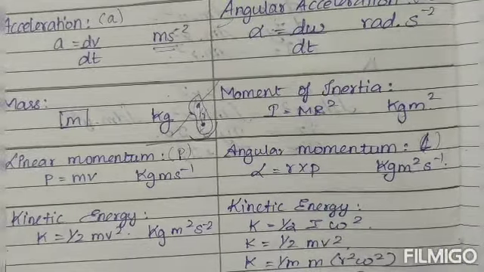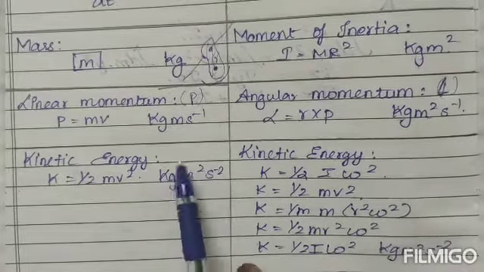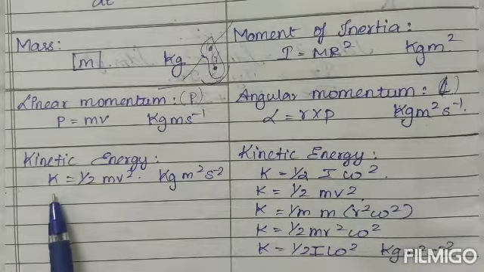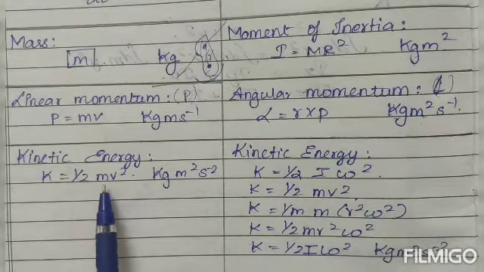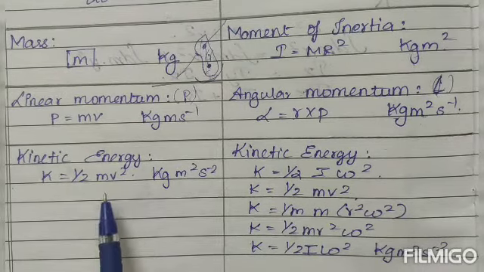Right. The next one, kinetic energy. In the linear path, the kinetic energy K is equal to half mv squared, because the kinetic energy purely depends upon the velocity of the particle.